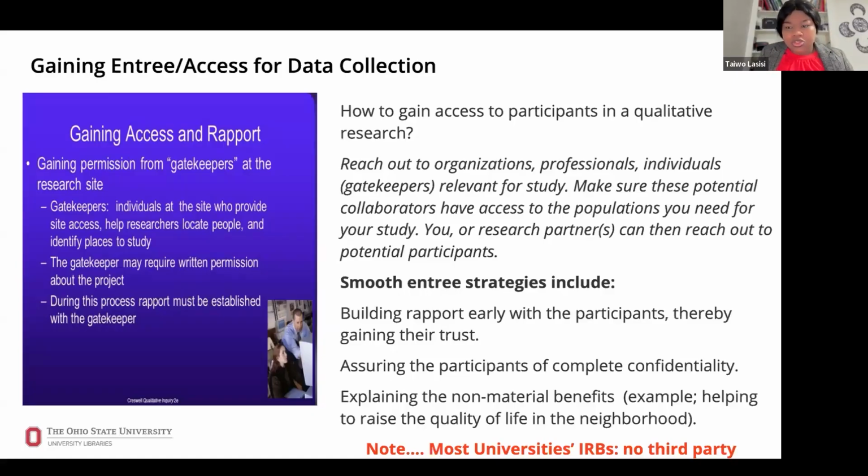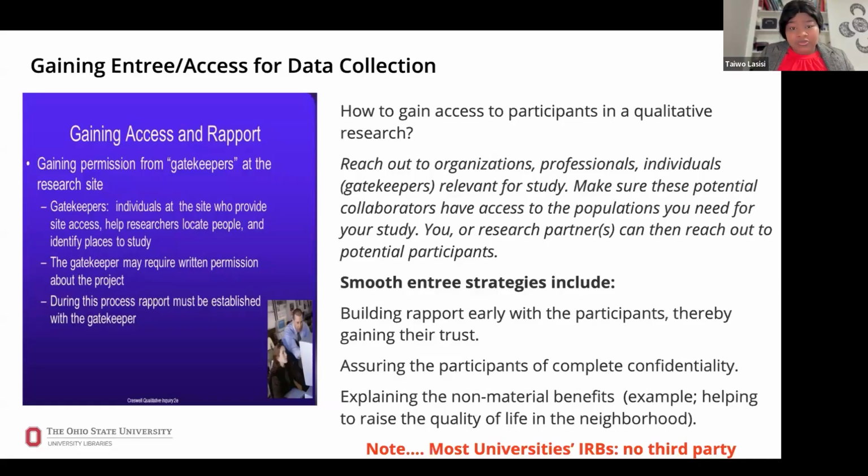Also when you're thinking about gaining entry for your research, for example, when you want to meet a group of professionals or people who are knowledgeable in a particular area, you have to be able to strategize to meet those people.